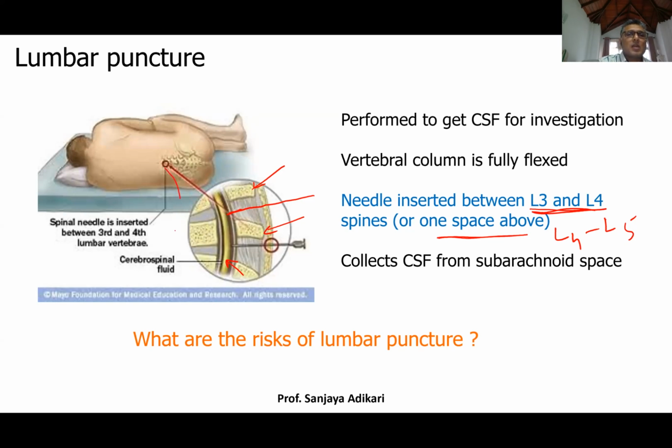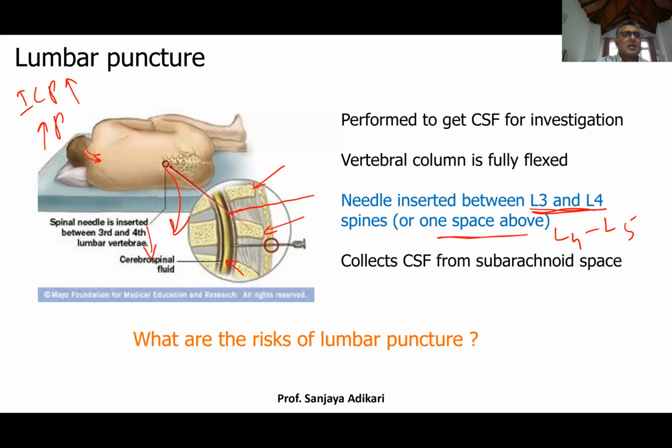So if you remove some fluid from that area of the subarachnoid space, supposing that you have high pressure in the cranial cavity, if your intracranial pressure is high due to some reason, say head injury or a tumor inside the brain, you never do lumbar puncture, because once you remove some fluid from here, the pressure drops in the lower part, and parts of the brain tend to herniate through the foramen magnum here.